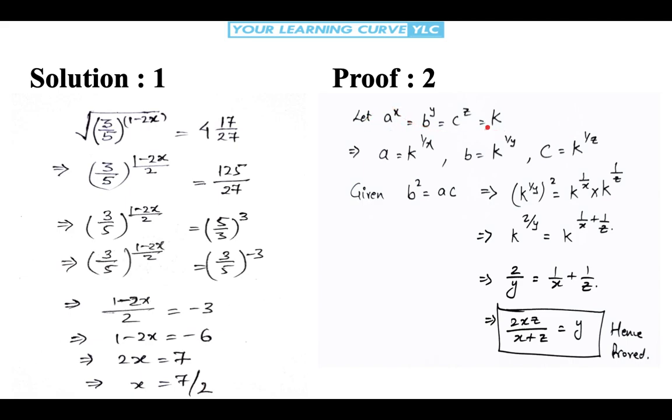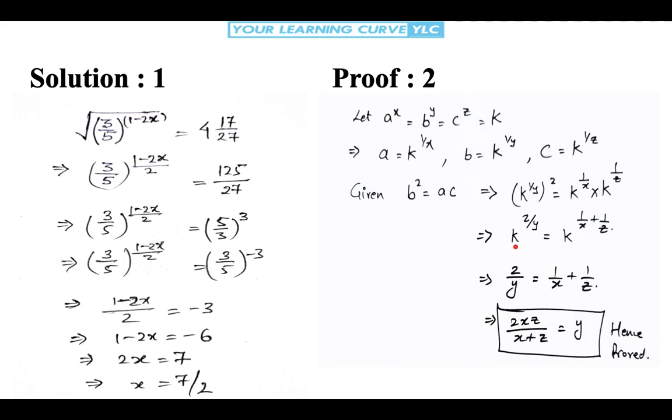A to the power x is equal to k means a is equal to k to the power 1 by x. Similarly, b is equal to k to the power 1 by y, c is equal to k to the power 1 by z. Put all these three in the given relation b square is equal to ac. You will get k to the power 2 by y is equal to k to the power (1 by x plus 1 by z). Please note, here we have to make sure that the value of k is not equal to 1.